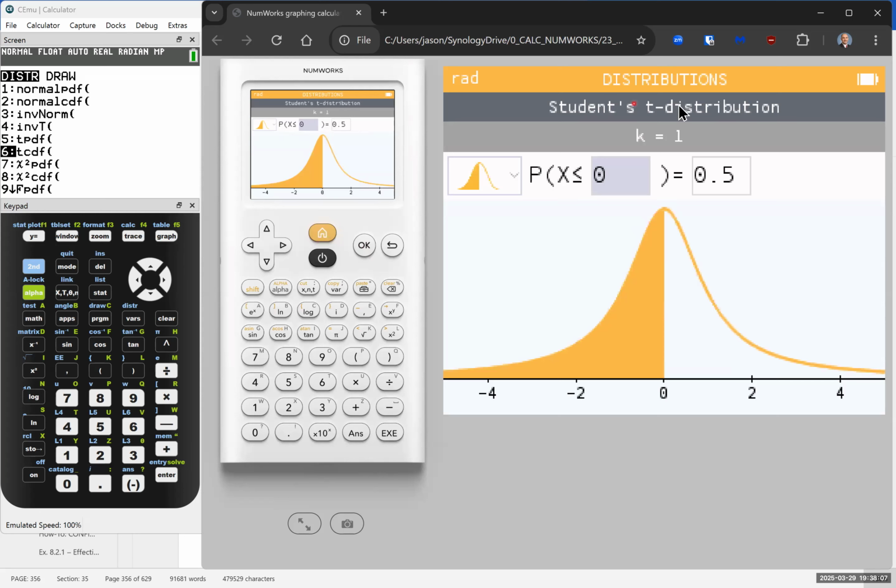And you can see now you've got the student's t distribution with the degrees of freedom that you put in. Now you can do a CDF by entering a value here, or you can do an inverse distribution function by putting in an area there to the right. And then just choose where the area is on your distribution.